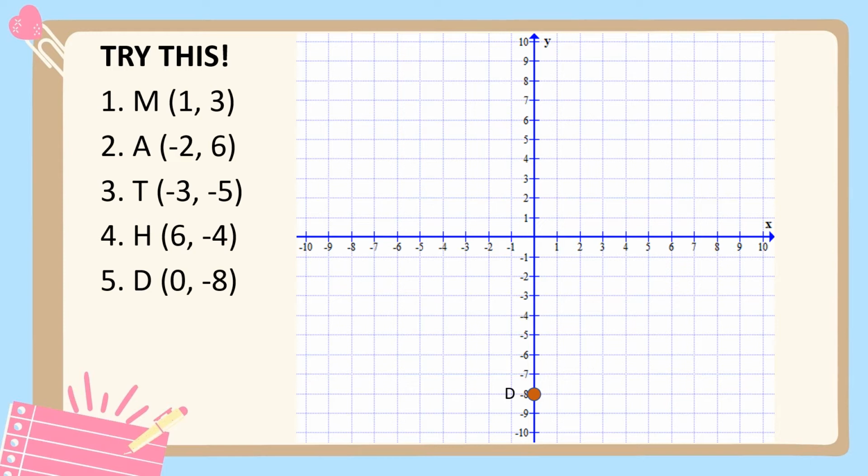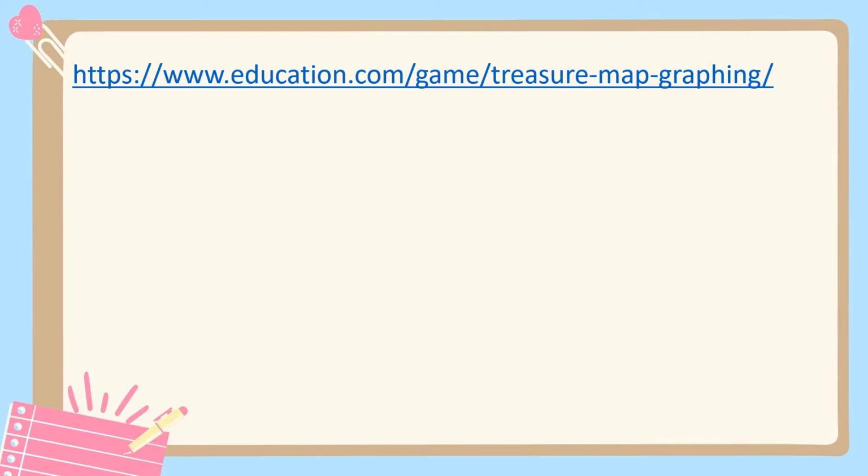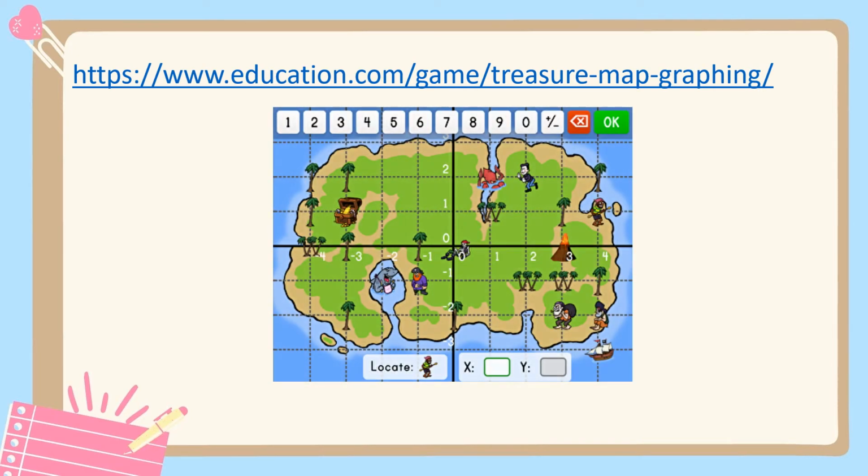So here is point D. And for our last example, we have point B with coordinates (9, 0). It is located on the x-axis. So here is the location of point B. Here are all the points that we've plotted. You may visit the site for you to practice more on locating points or identifying the coordinates of the given point.